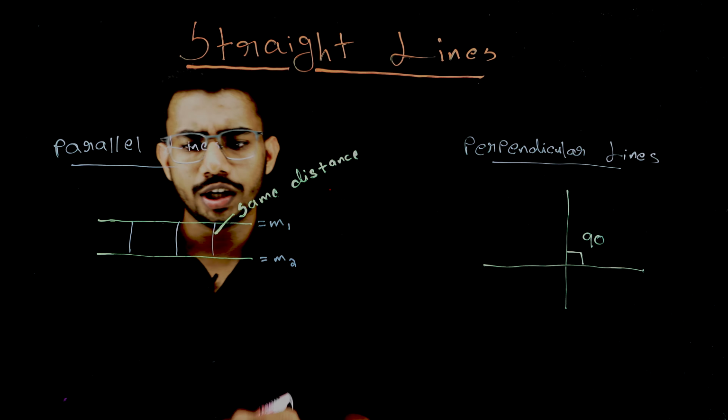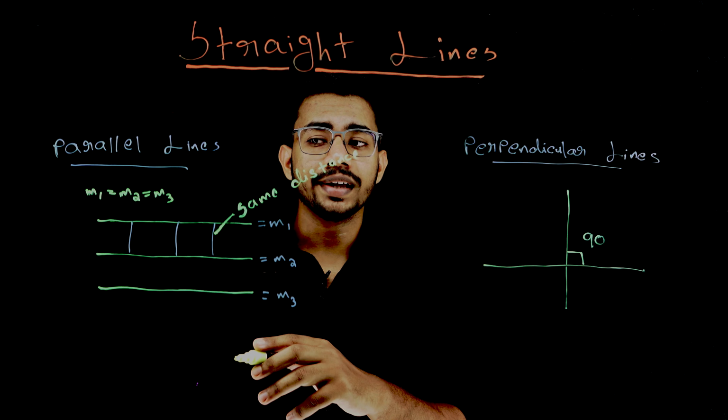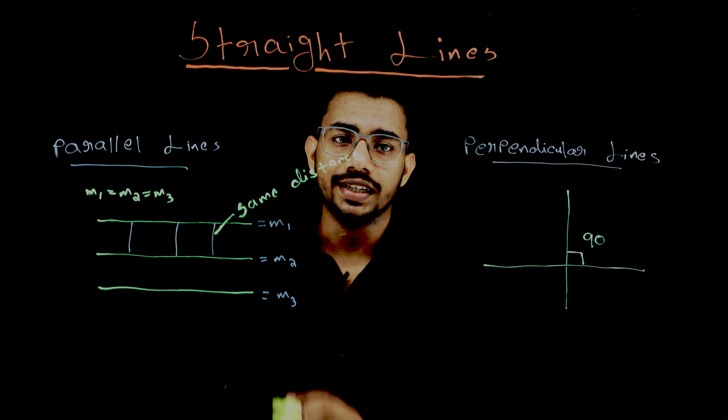In the case of parallel lines, the slopes m1, m2, m3 will all be exactly the same. That is, m1 equals m2 equals m3. So the slopes of all parallel lines will always be the same.